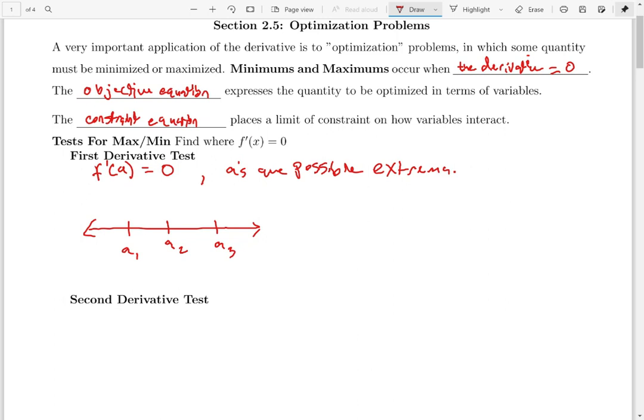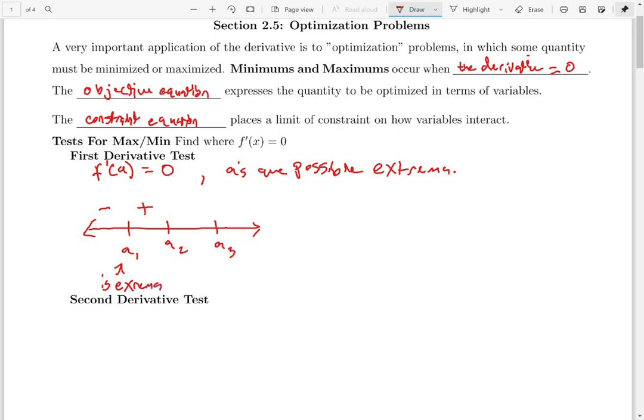Then you plug in values in each one of these intervals, and figure out whether the derivative changes from positive to negative across that possible extrema. Remember that if I have minus plus, well, that means that a1 is extrema, or at least the location of extrema.